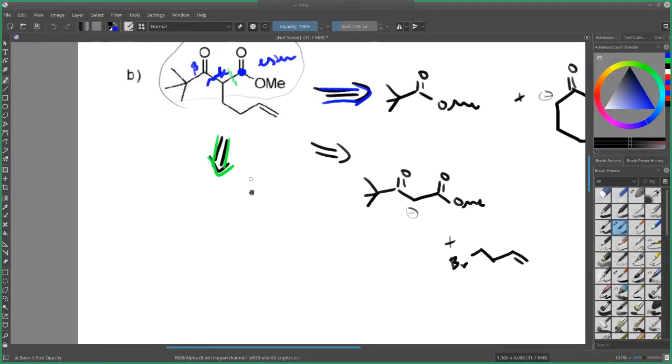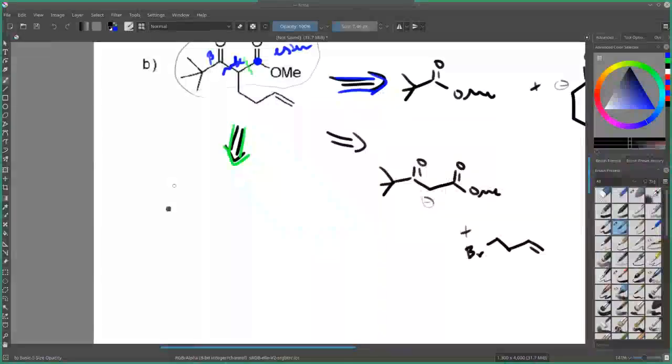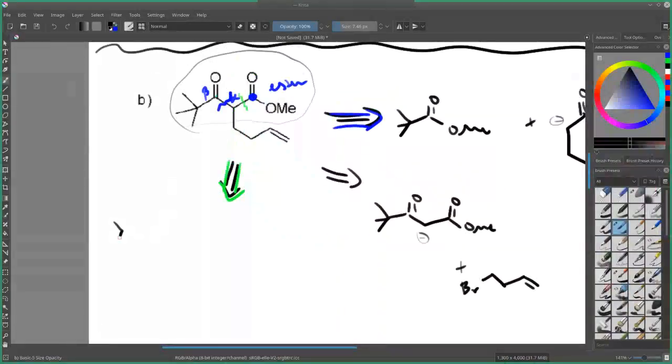If you take the green path, then what you do is redraw everything once it's cleaved, and now you have this O-methyl here, and you need to get rid of an O-something off of this thing to get a ketone at the end.